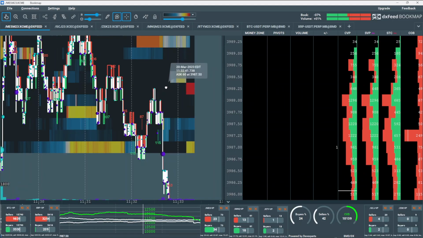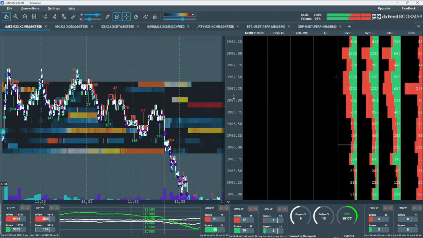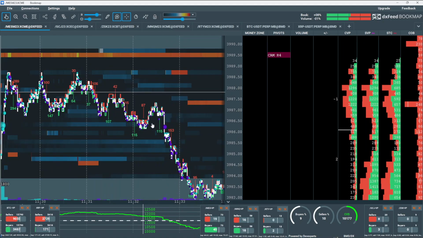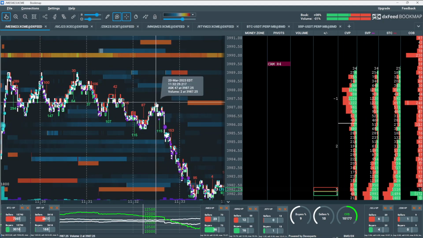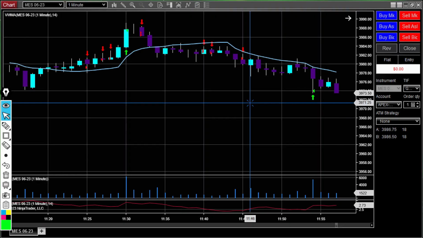Right, so looking at Bookmap again, as you see, we're breaking down here, got the retest at 39.8725, broke down. I made some more entries, so let me pull back up NinjaTrader.